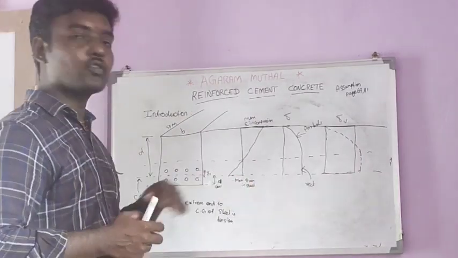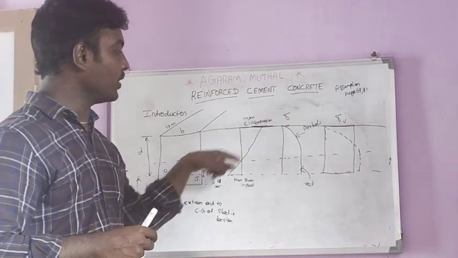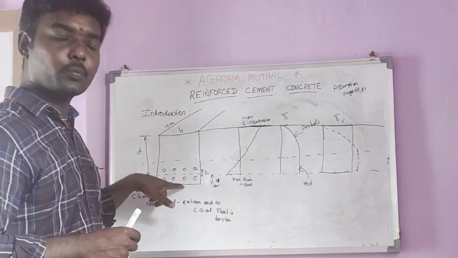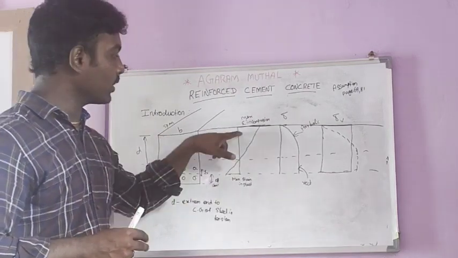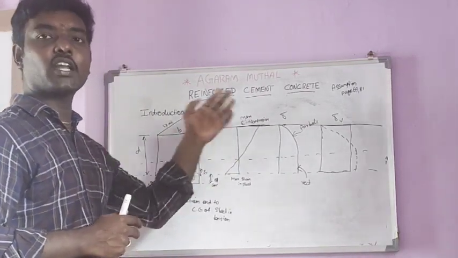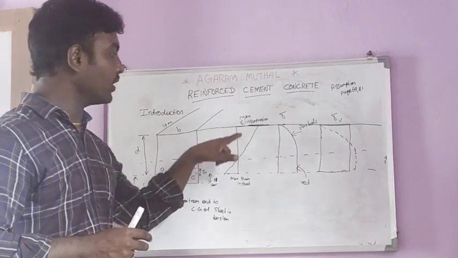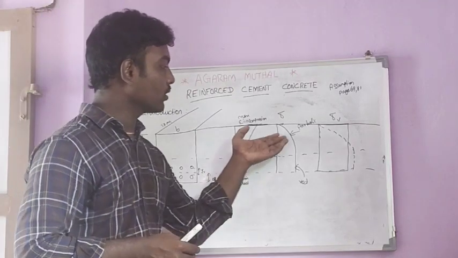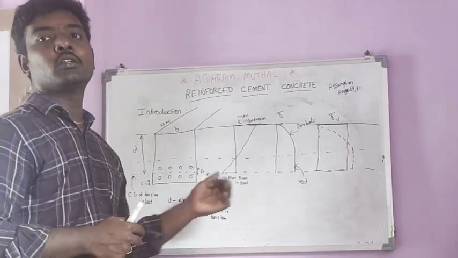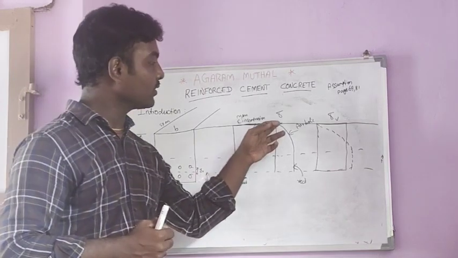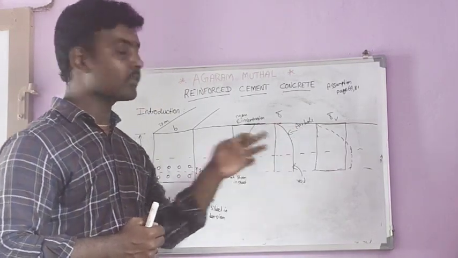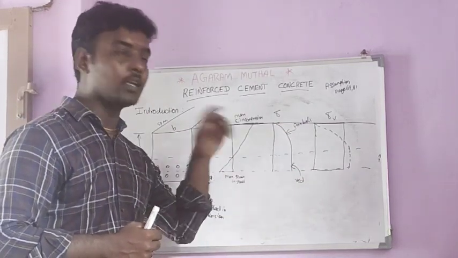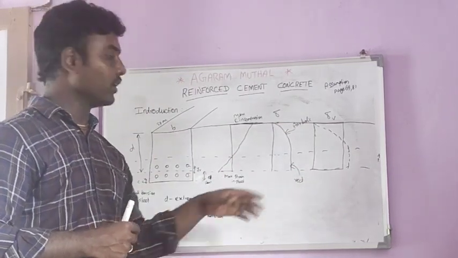And we proposed the stress diagram should be like this. The upper portion is called the compression zone and the lower portion is called the tension zone. Based on the assumption, the strain in the upper and lower portions should be linear. The conventional shear stress was parabolic up to the centroid, and from the centroid to the tensile edge it was rectangular.